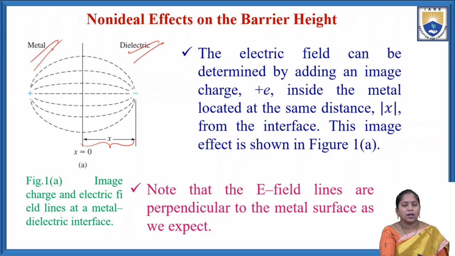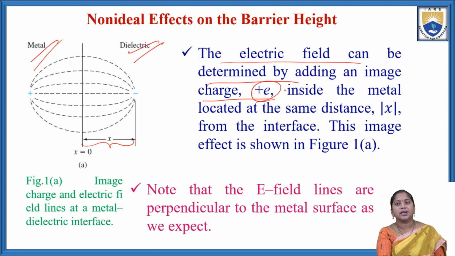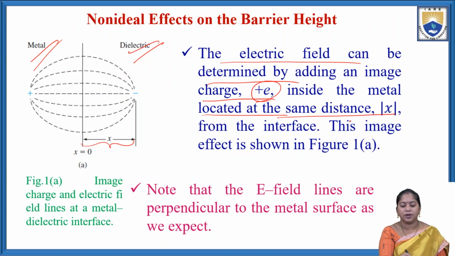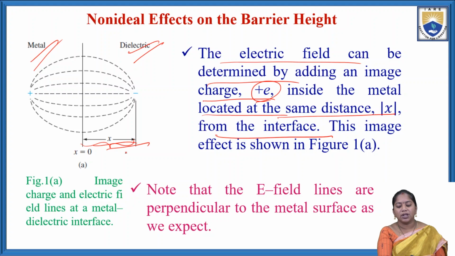The electric field can be determined by adding an image charge, plus e, inside the metal, located at a distance x from the interface.